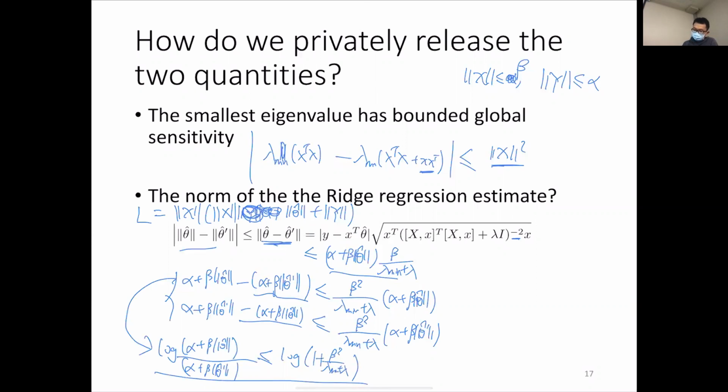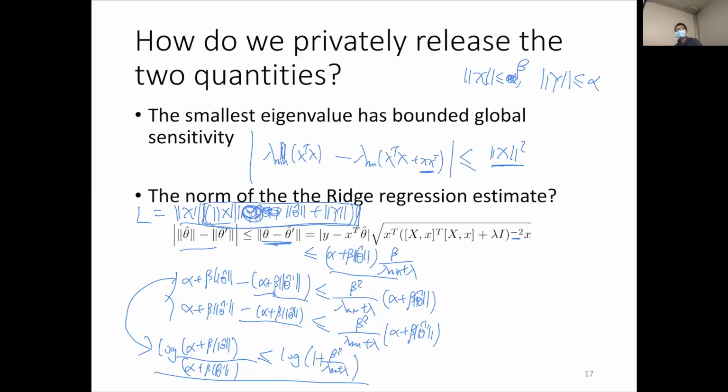So what does the left hand side mean? This is the difference in the log of the quantity that we actually want. And what this is saying is that for any neighboring data set, the right hand side now is a constant, provided that we can privately release lambda mean.